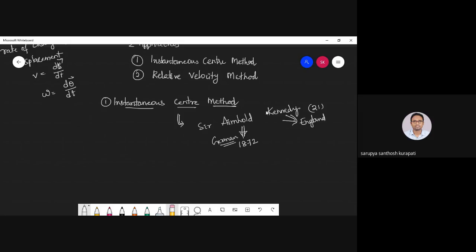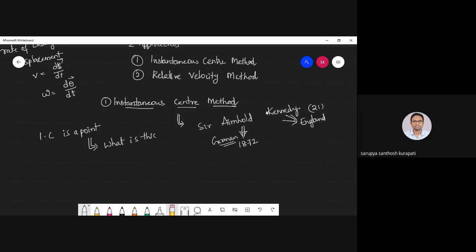Basically the instantaneous center, or simply IC, is a point. Now what is this particular point? The question arises, what point is it?